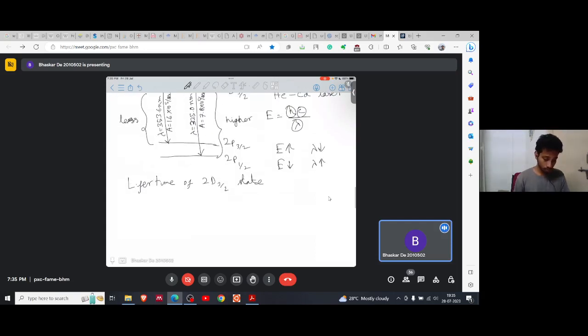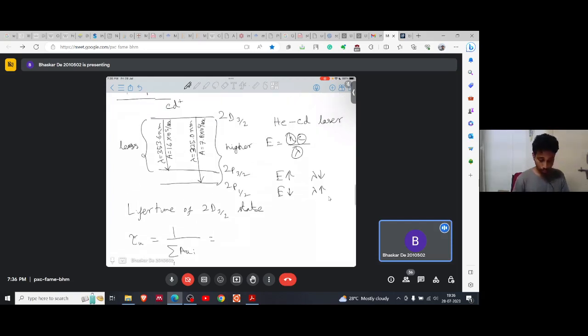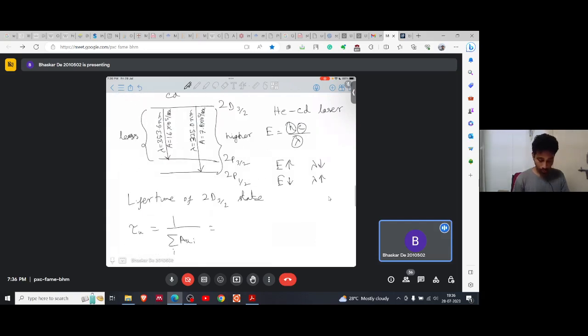So how are we going to calculate the lifetime? The formula we have is 1 by the summation of A_uI. Here u is the 2D 3/2 and I is 2P 3/2 and 2P 1/2. So what we'll do is write 1 by 1.6 into 10 to the power 5 second inverse plus 7.8 into 10 to the power 5 second inverse.